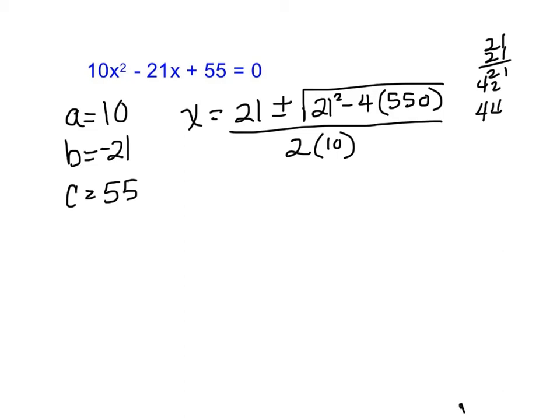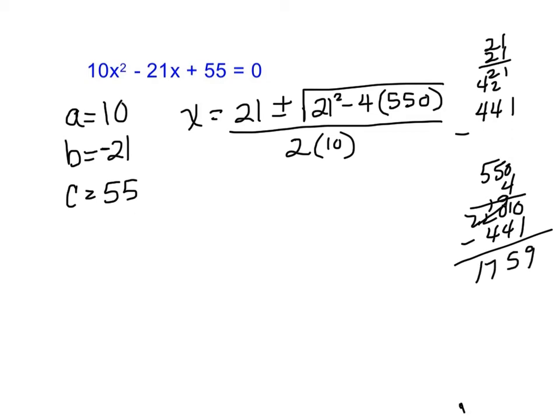So I have 441 minus, and what's 550 times 4? 2200. So 441 minus 2200 is going to be negative 1759.